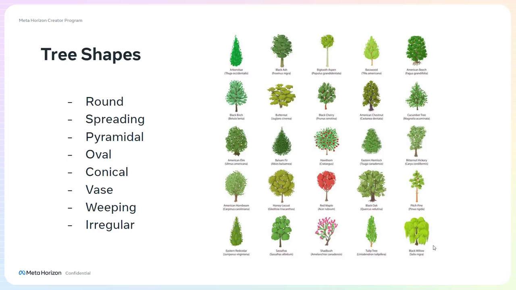So they grow up, and then they drape down as they're growing, very beautiful trees. And then you have your irregular, which would be kind of a mixture of this butternut with any one of these that kind of look like a burst of a firework or something like that.